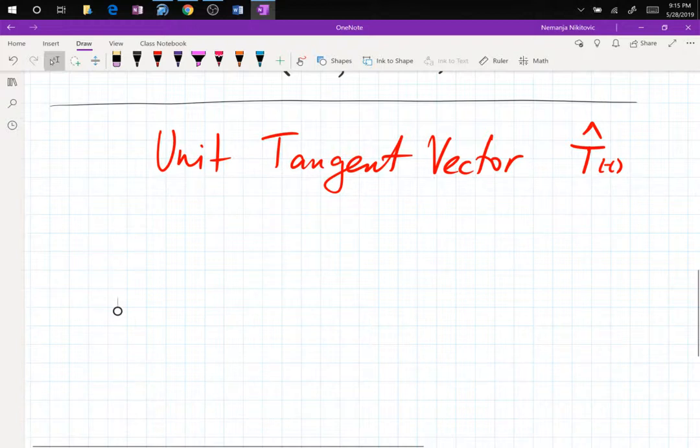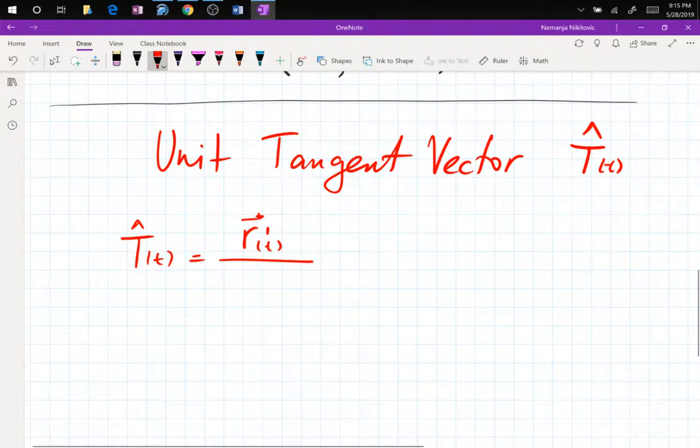And those slopes are slopes of the tangent lines. So now it makes sense to define the unit tangent vector as r prime of t divided by the magnitude of r prime of t. If you remember, the unit vector u was vector u divided by the magnitude of u. Do we all remember that?